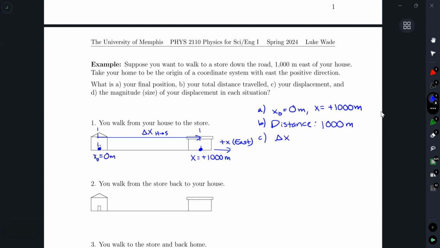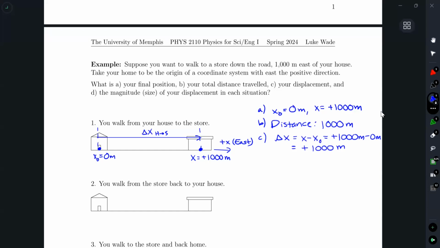Okay, what is my displacement though? Final minus initial. So positive 1,000 meters minus 0 meters. That is positive 1,000 meters. So that does have a sign. It has a direction to it. If I had gone west from my house, that would be a negative 1,000 meter displacement.